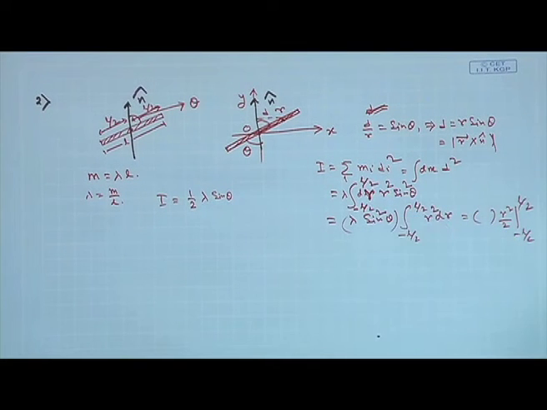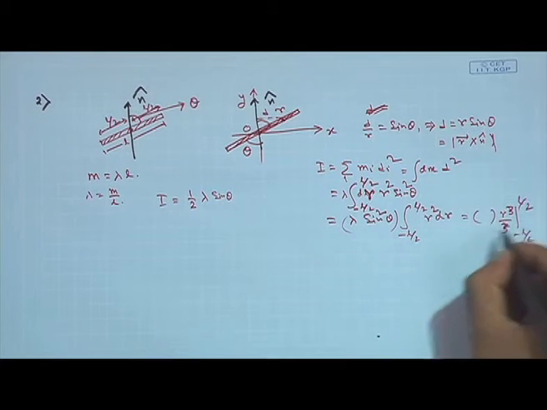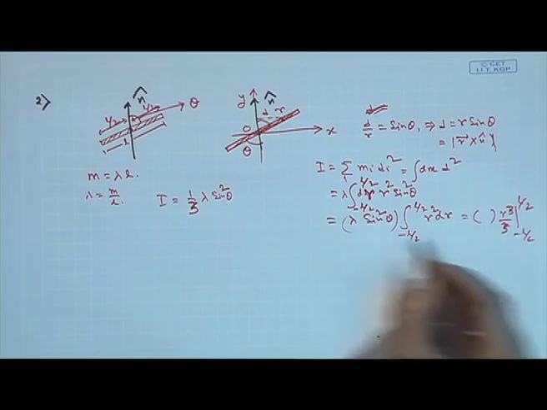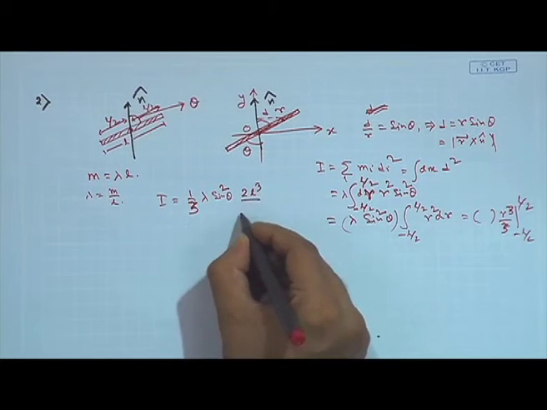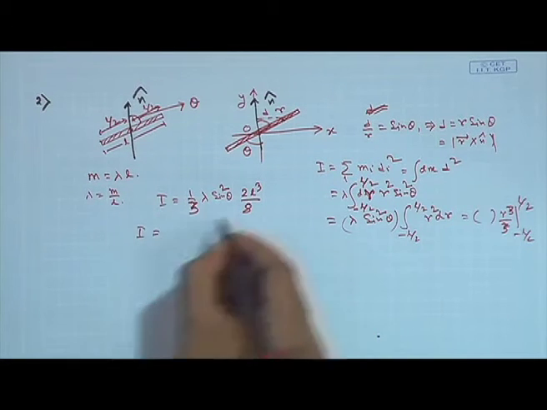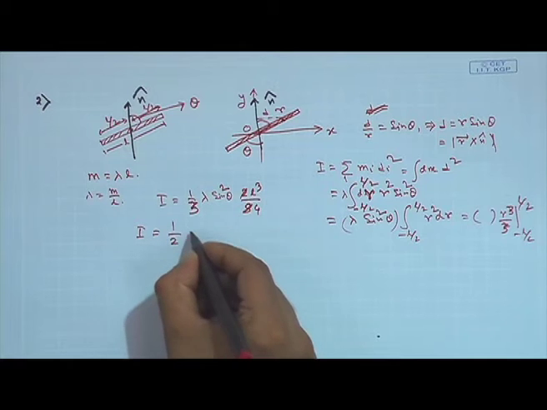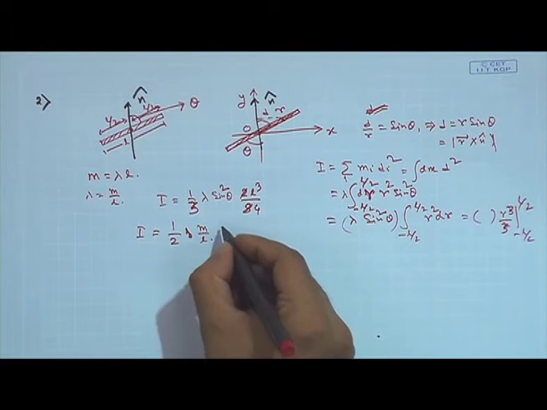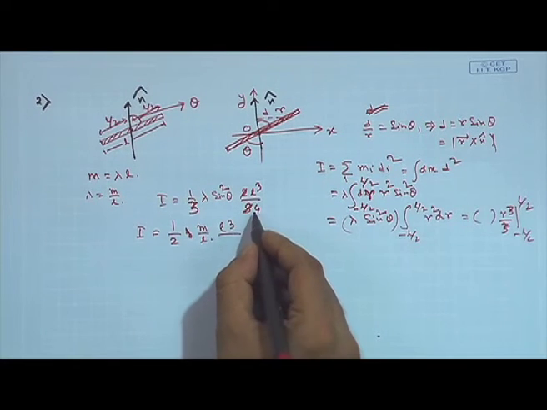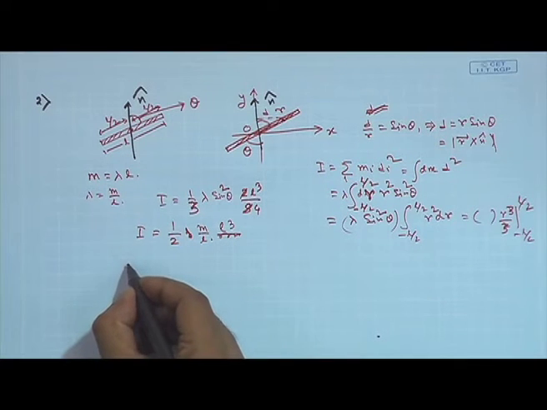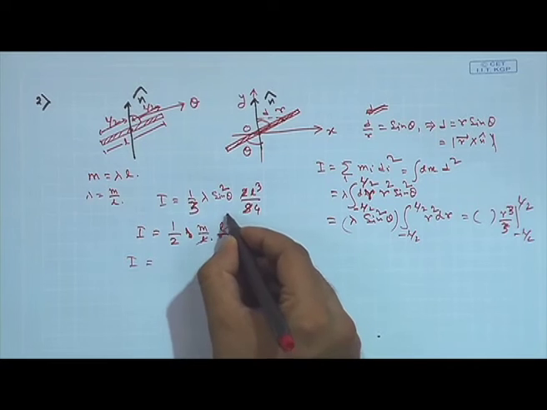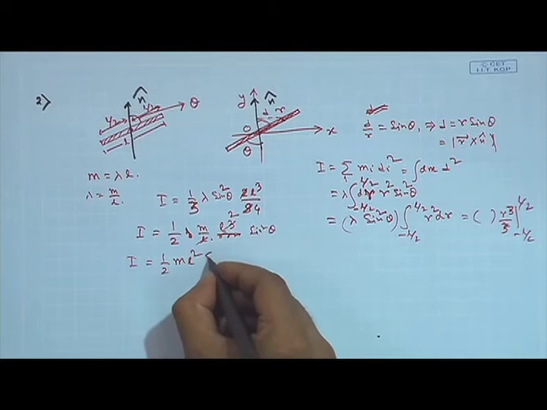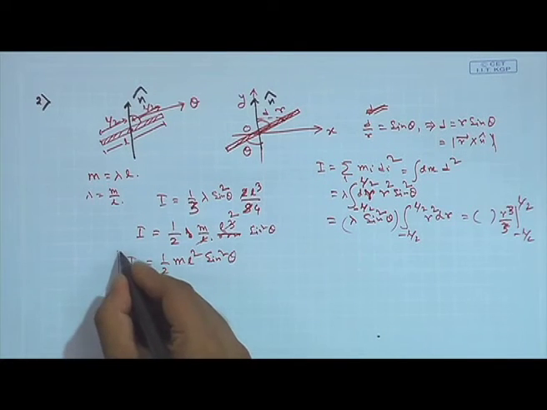So it will be r cubed by 3, with sine squared theta, and this will be 2 L cubed by 8. Finally I is 1 by 12. Now if I substitute lambda equal to M by L, we get I equal to 1 by 12 M L square sine square theta. So this is the final answer.